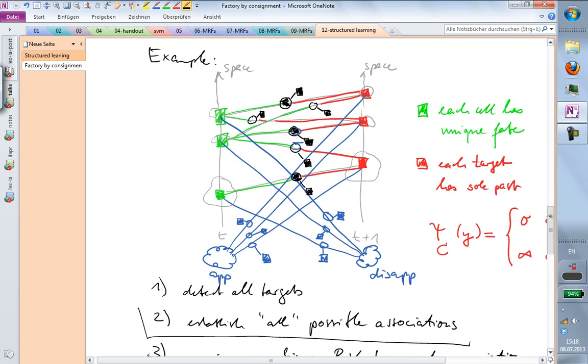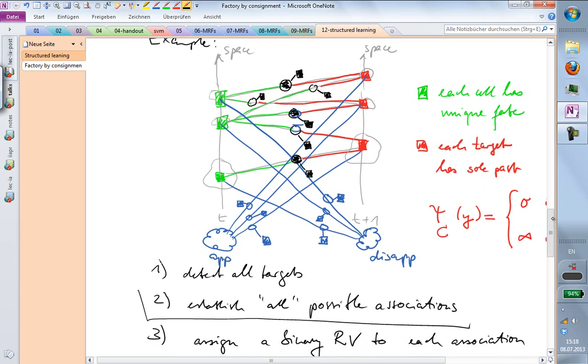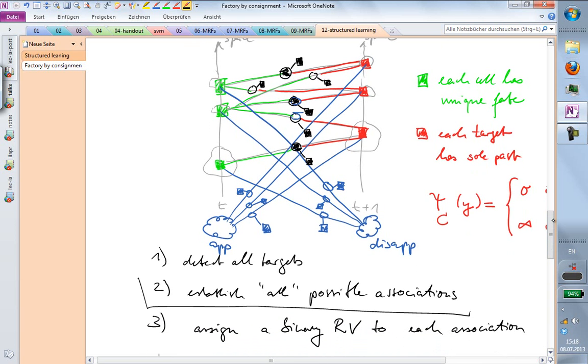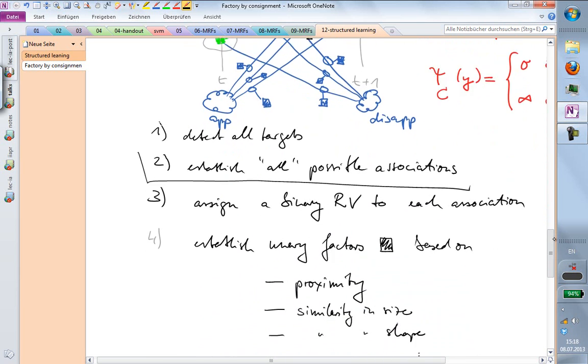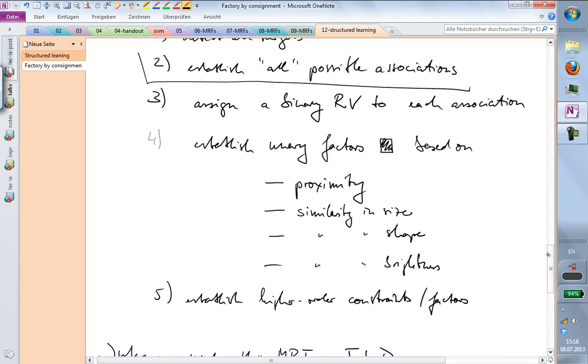We could use such a ground truth and then simply learn a classifier based on the local features that I had listed here.